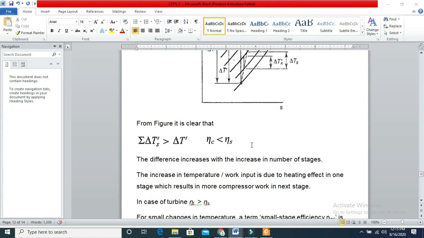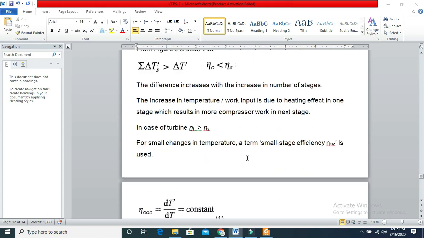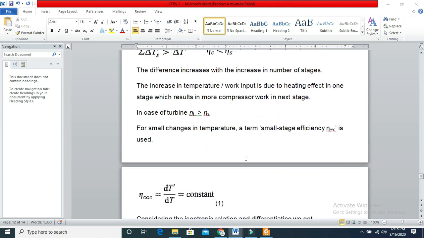When temperature is increased, there is additional heating and it requires more compressor work. In the case of a turbine, when the temperature is increased, it results in more work. So for that reason, the overall efficiency of the turbine is greater compared to the stage efficiency of the turbine.